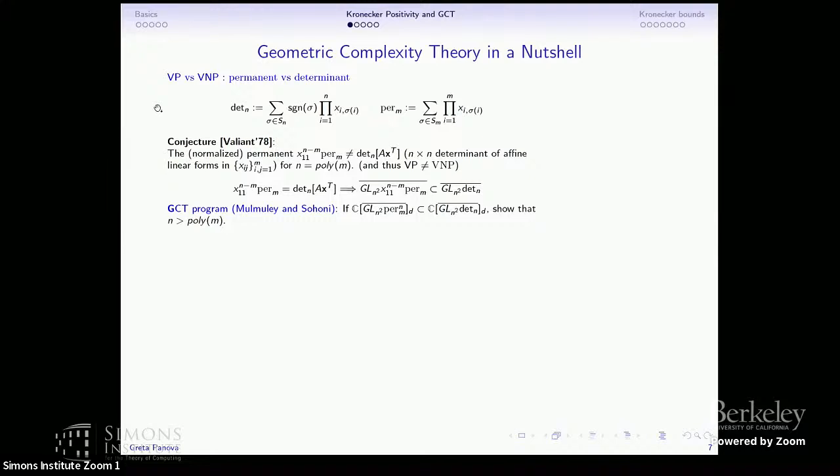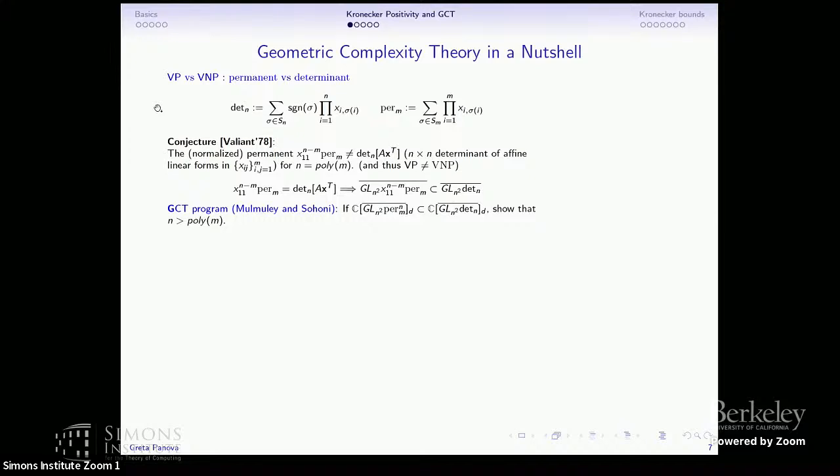And if we can write this, then it means that the permanent is in the orbit closure of the determinant, and we can take orbit closures on both sides. And now we can talk about an algebraic geometric object: comparing the orbit closures of the permanent and the determinant polynomial.